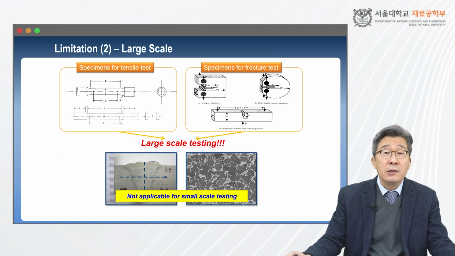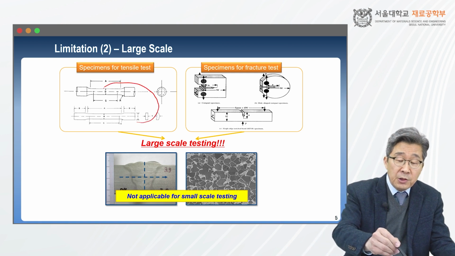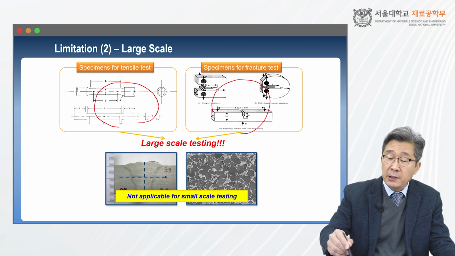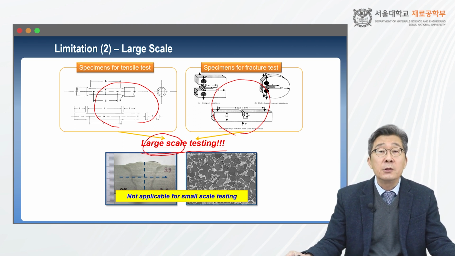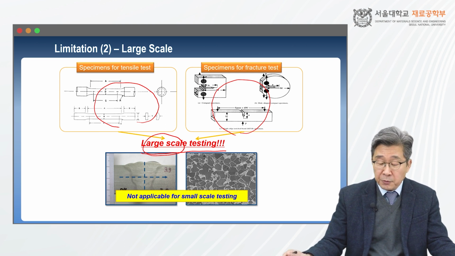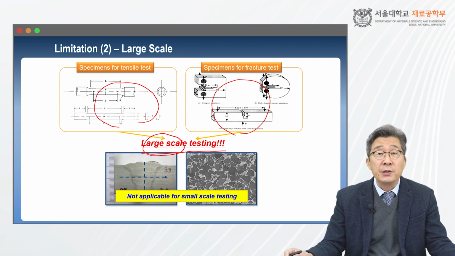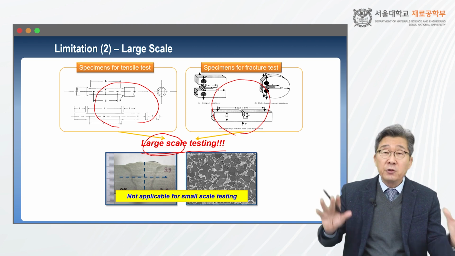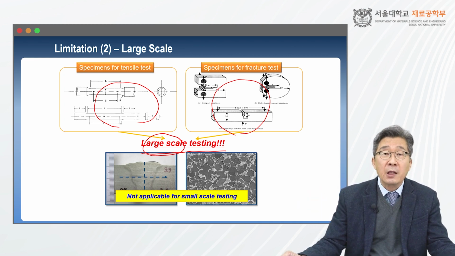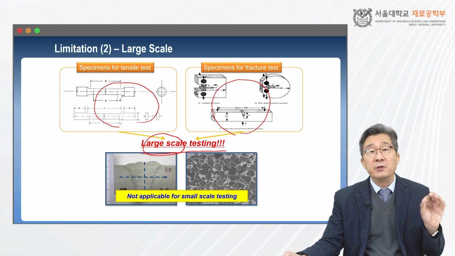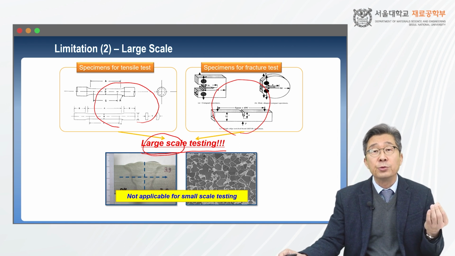Another limitation is the large-scale specimens. We need special geometry of specimens for testing like this, so actually it is large-scale testing. So it cannot be applied to small-scale testing such as thin film evaluation or weldment measurement. For these reasons, we have noticed the practical applicability of instrumented indentation testing for in-field testing or nanomechanical testing too.